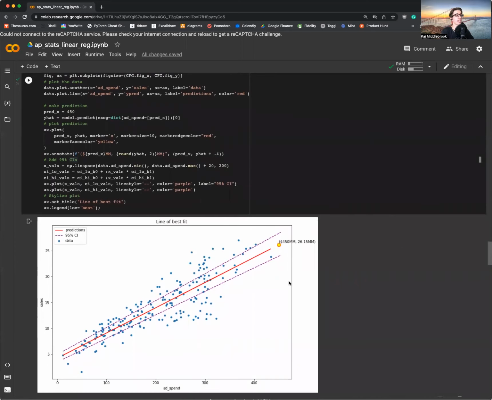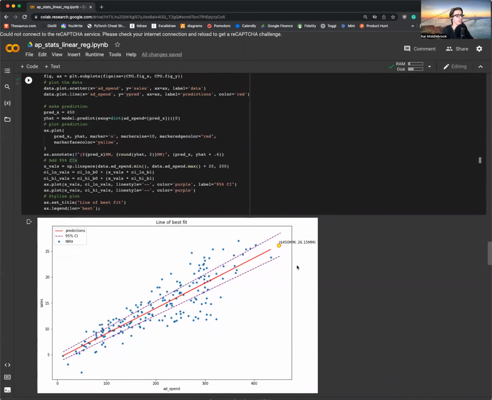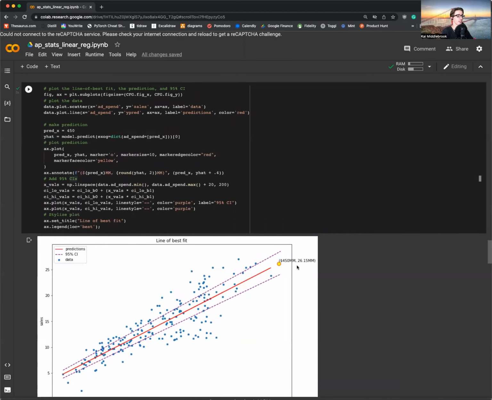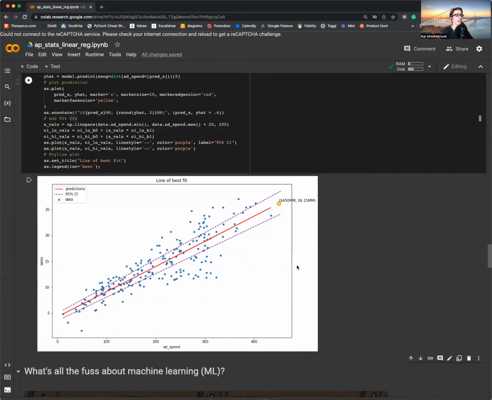And what we learned is that we rejected the null, and we conclude that ad spend has a significant positive influence on the number of iPhone units sold. And we left it to Apple's management to determine whether the amount of units sold is significant enough for them to invest more in ad spend.